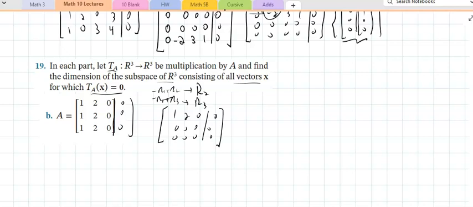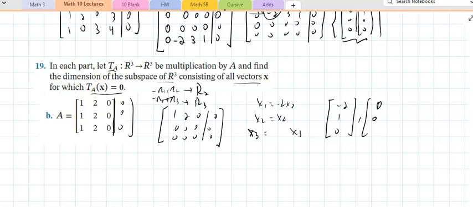So here I could say x sub 3 is free, x sub 2 is free, and x sub 1 is negative 2x sub 2. So I could say negative 2, 1, 0, and 0, 0, 1.